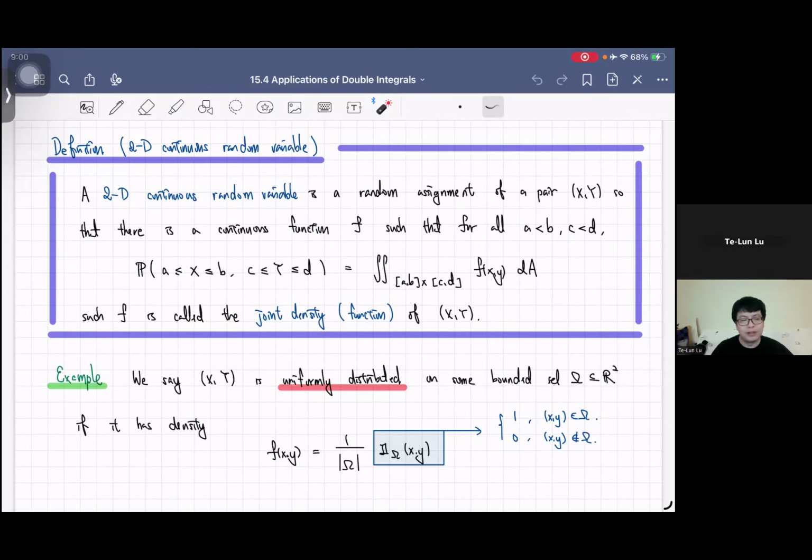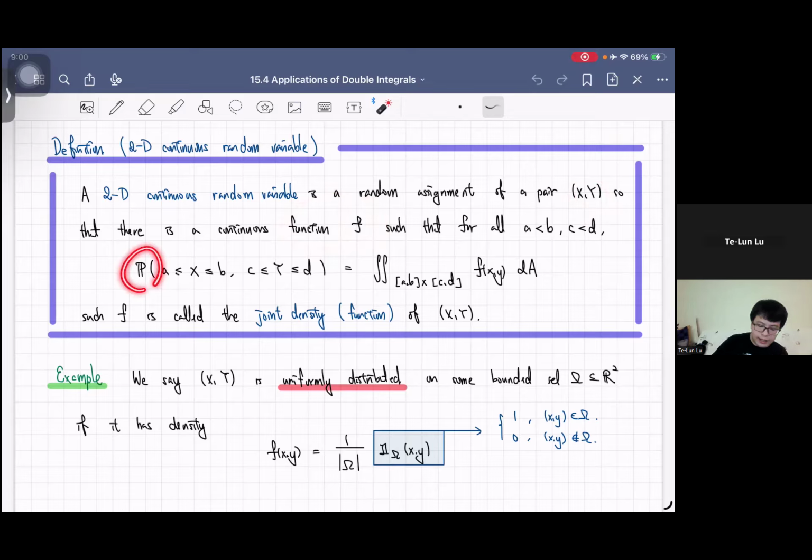A 2D variable is essentially the same as a 1D variable, but now instead of a single number, we assign a random pair of numbers x and y, and it is continuous if there is a function f. In this case, f is defined on R2. There is a two-variable function, and f should satisfy this equation.